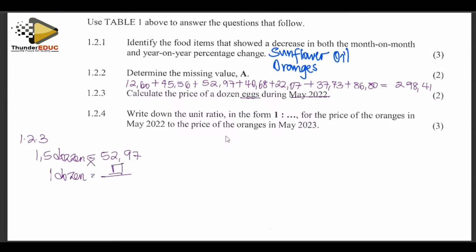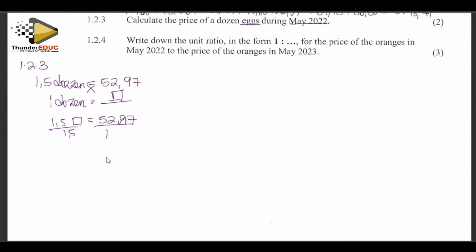We shall cross multiply. This becomes 1.5 equals to. So we divide through by 1.5, and divide through by 1.5. So we are looking for the cost of only one.